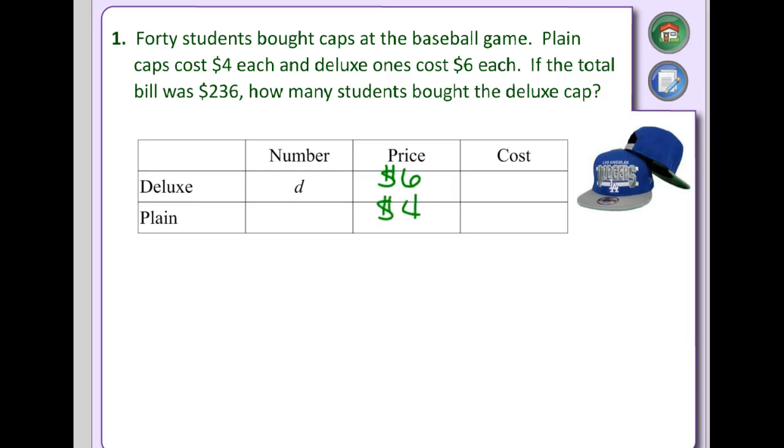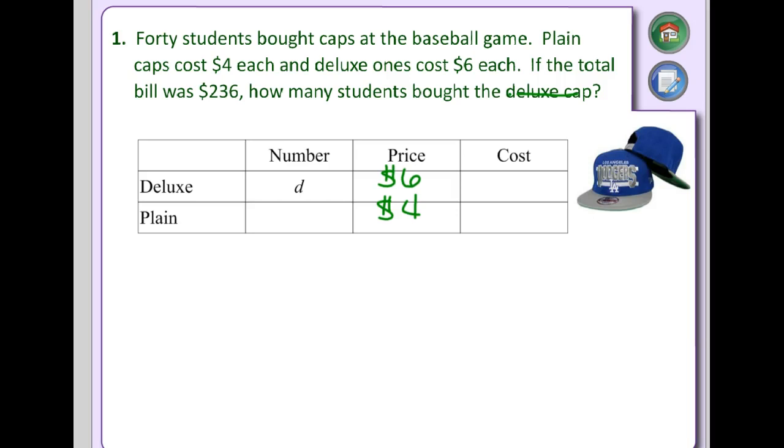Since we know the price, we've got to figure out how many students bought the deluxe cap. Again, just like yesterday, if all I need to solve for is deluxe caps, I'm going to make that D. If you notice, I've already got D under number.